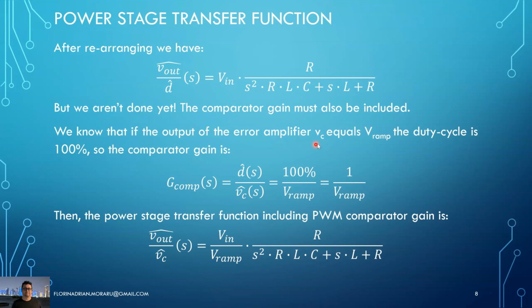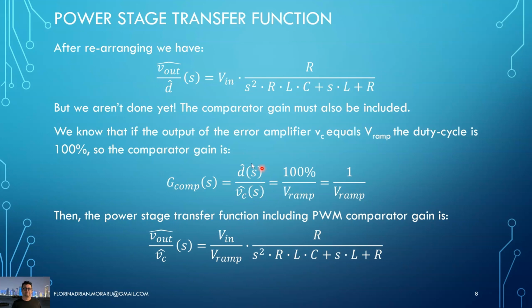If we normalize, or take the voltage ramp as being 1 volt, for instance, then this expression is valid. If we have a voltage ramp which is different, then we have to take care of that, and that's the reason why I define this gain of the comparator. Gain for any block, if you want to see it like this, is output over input.